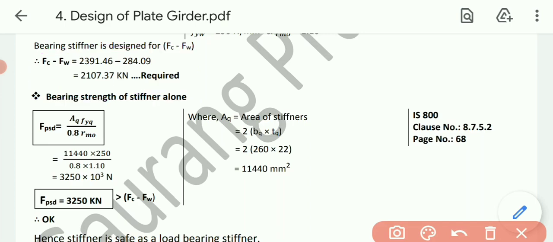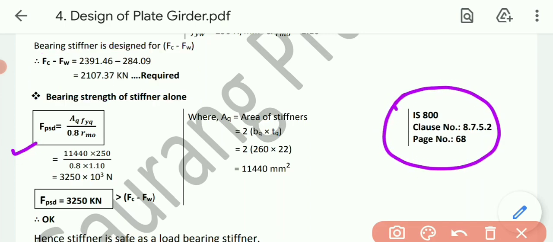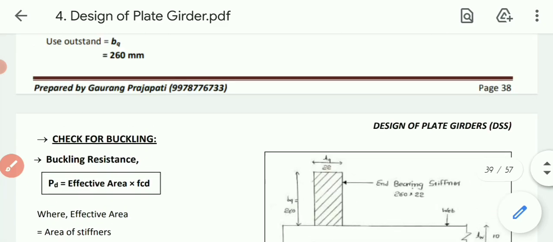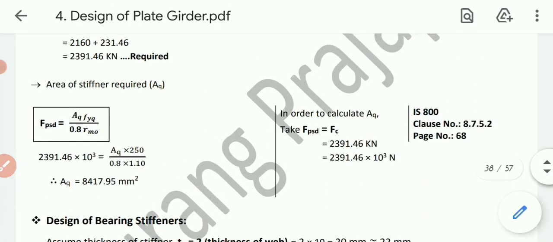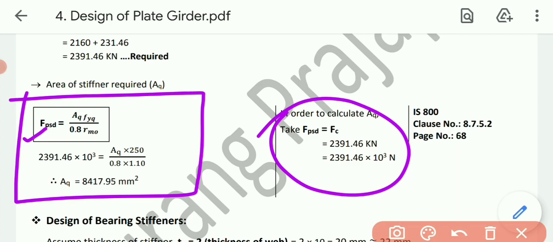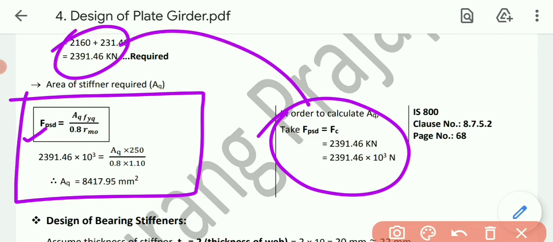For that we are going to use the same formula which we have used earlier in the step, that is bearing strength of the stiffener, FPSD. See, from this formula we got the area of the stiffener. I am going to use the same formula, but this time we will calculate FCD. Previously we had taken the FCD as FC, on page number 68.